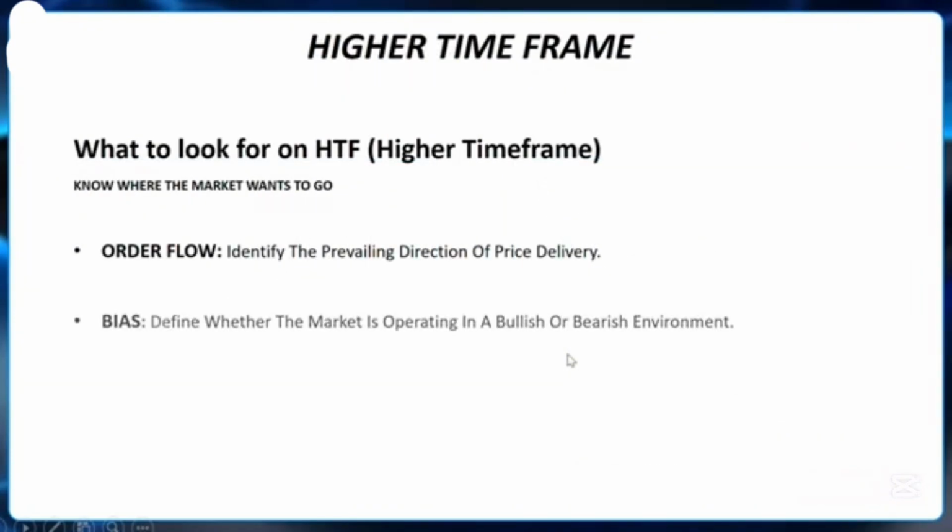Now, the second thing we pay attention to on the higher time frame is bias. Basically, bias means defining whether the market or the current candle is operating in a bullish or bearish environment. As simple as that. We are candle traders, so it all starts from the candle you're trading. Ask yourself, is the candle I'm trading expected to close bullish or bearish?